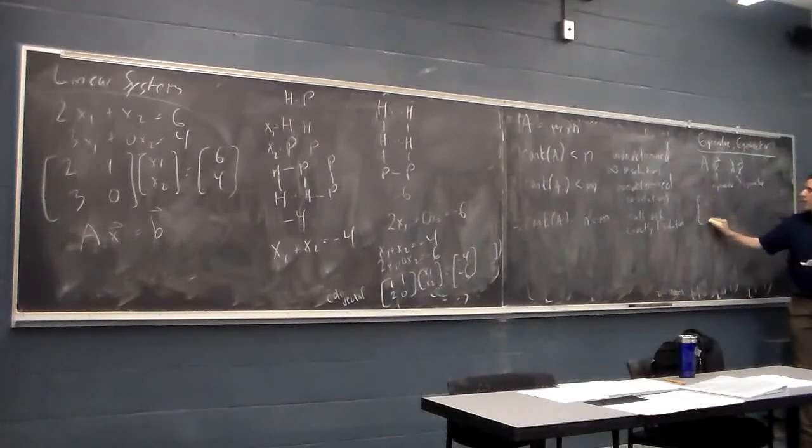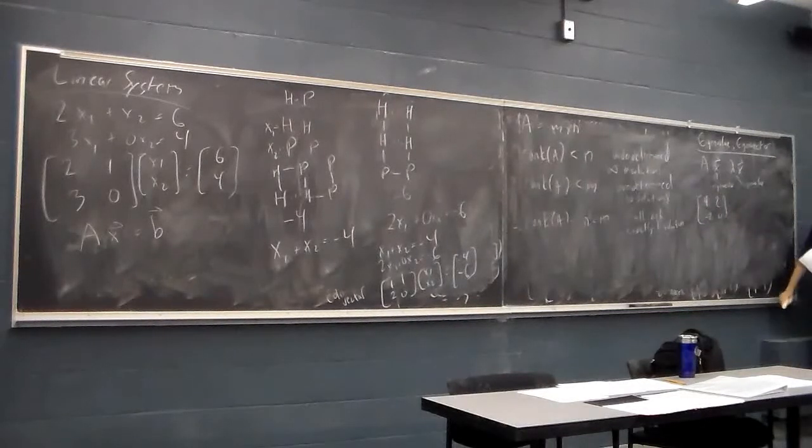So, for example, let's say A was the matrix 4, 2, minus 2, 0. Then I'm going to assert to you that 1, minus 1 is an eigenvector of A. And we can verify that by multiplying A times this vector x.